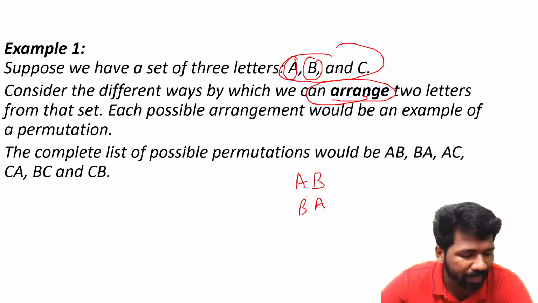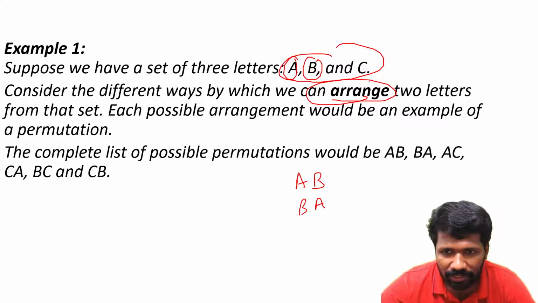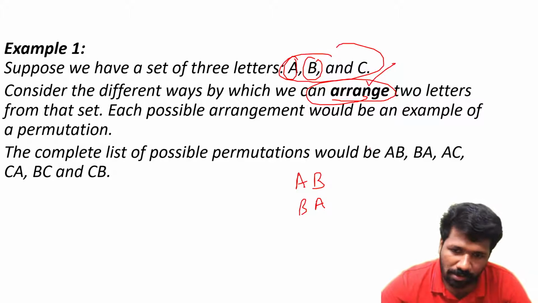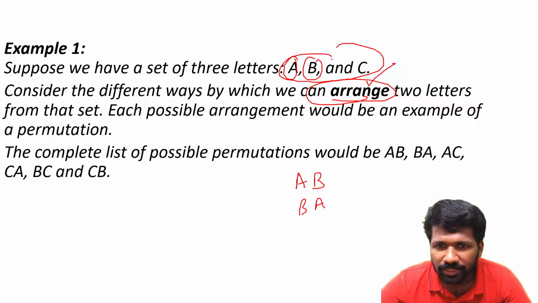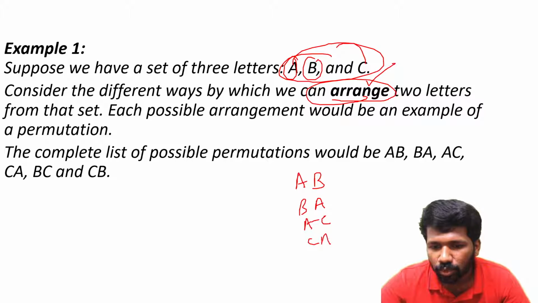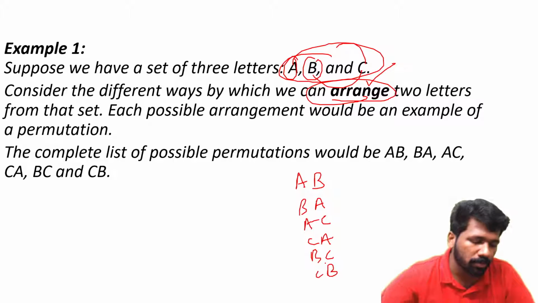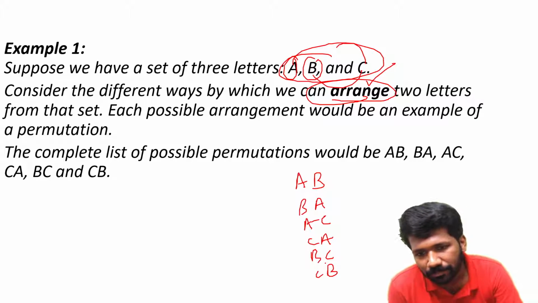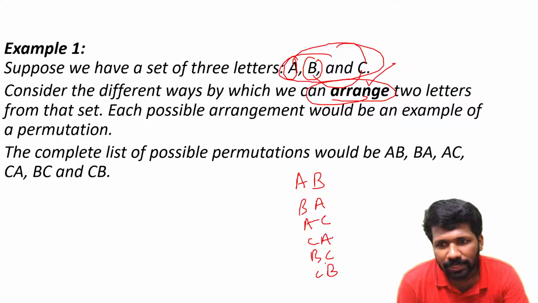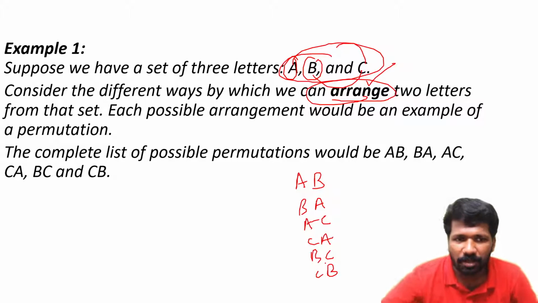That are two different arrangements. Listen to the word arrange. And if I take A and C, then AC and CA are two arrangements possible. If I take B and C, BC and CB are two arrangements possible. All of you are understanding? So that is 6 arrangements possible.